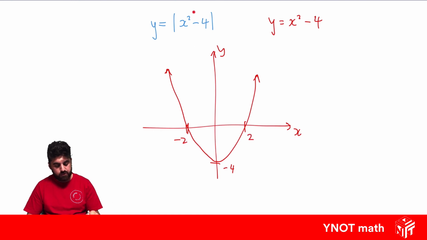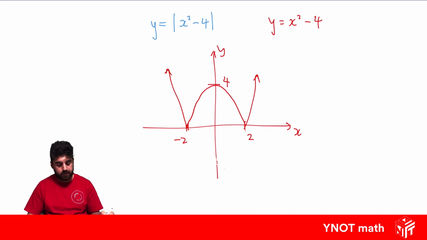But because everything's wrapped in an absolute value, anything below the x-axis needs to get reflected up. So that part that goes below gets reflected up. So that's now going through 4. And anything below the x-axis we can now get rid of. And we get that strange looking graph.